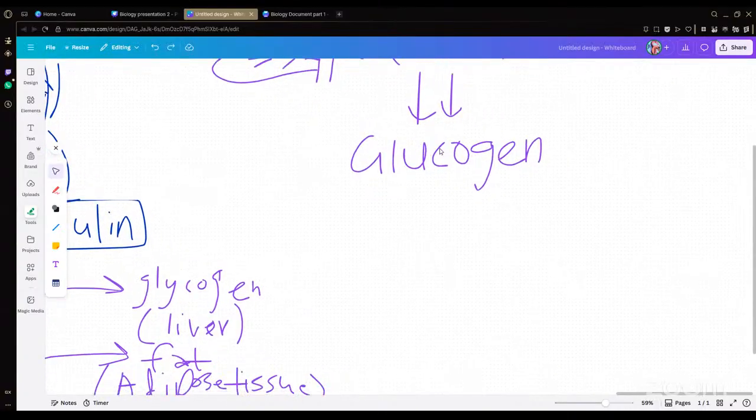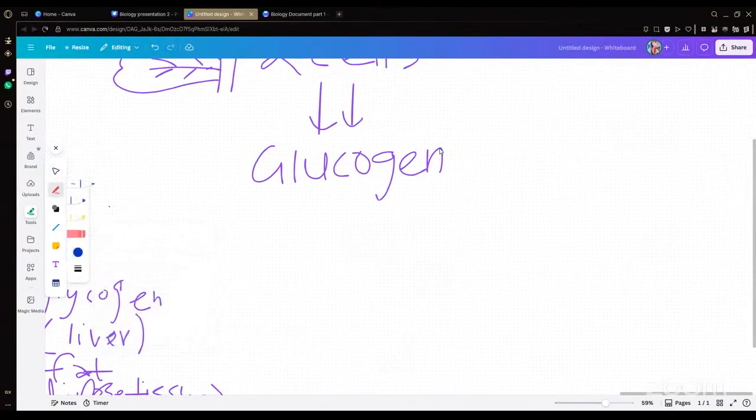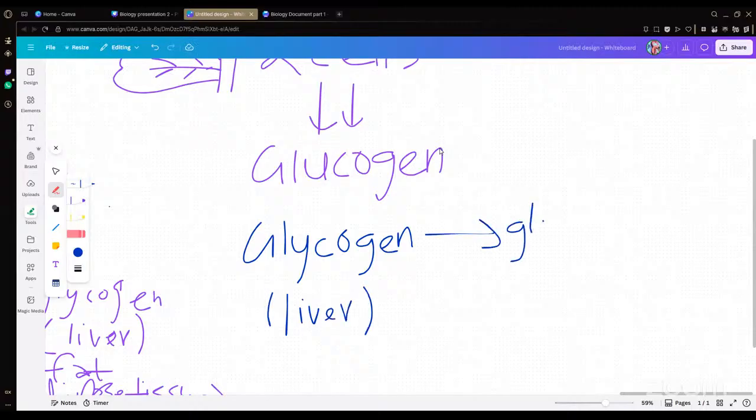And what is glucagon going to do? Glucagon converts the glycogen that is stored in the liver into glucose, right?